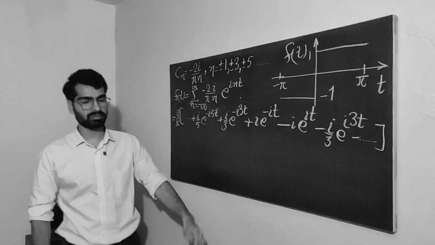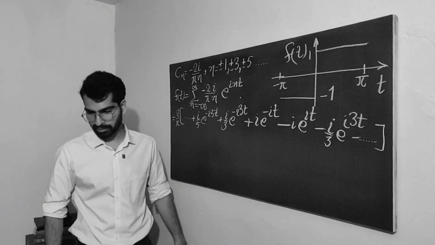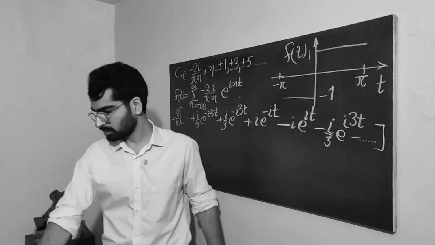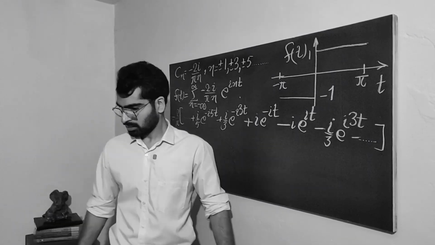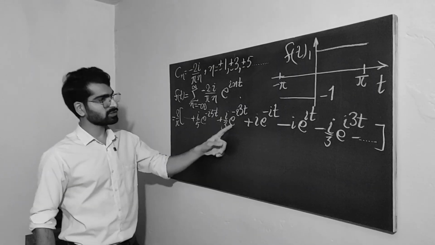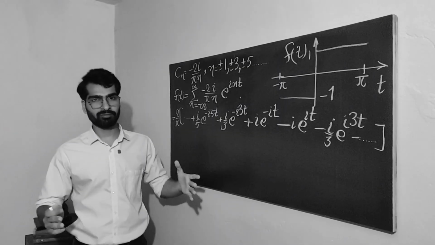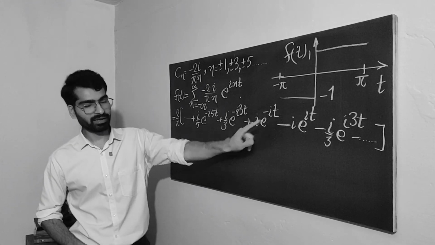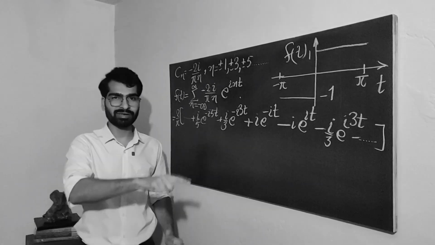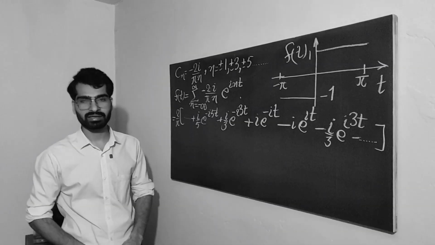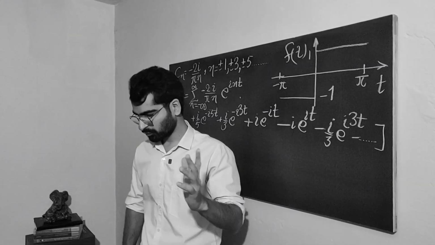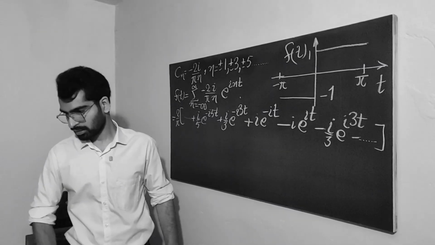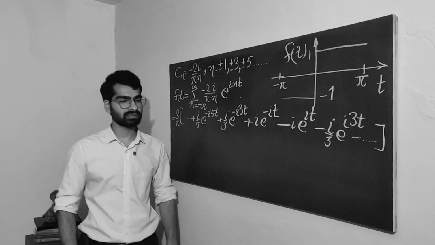So it's an infinite number of terms that you get here. It's a sum. And these exponentials are your rotating vectors in the complex plane. And as the time passes by, you are going to see circles because they are going to rotate, and they create sort of circles.